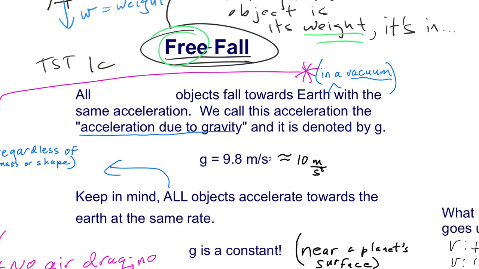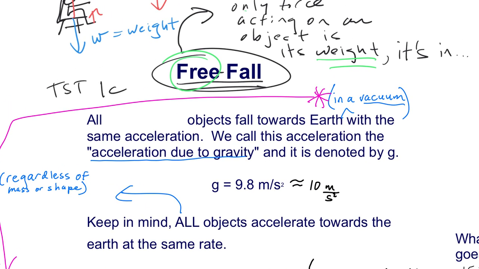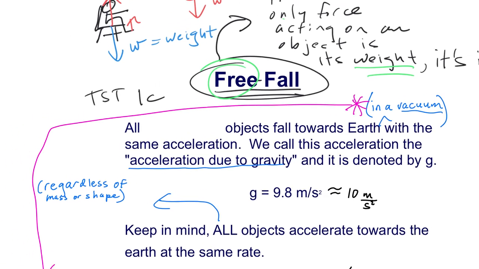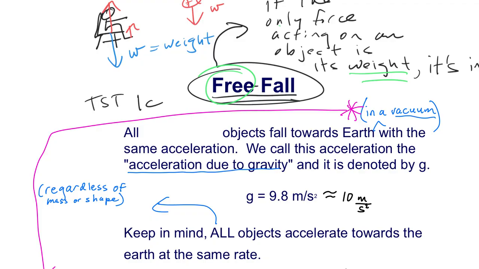All objects fall towards Earth with the same acceleration if you don't have drag as a factor. So what kind of device can take all the air drag away from a falling object? Okay, so what kind of object can fall freely without any air drag?